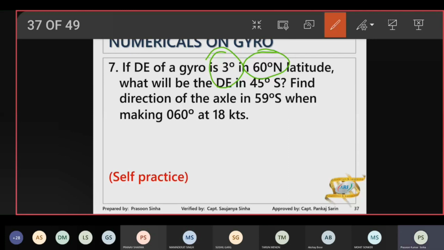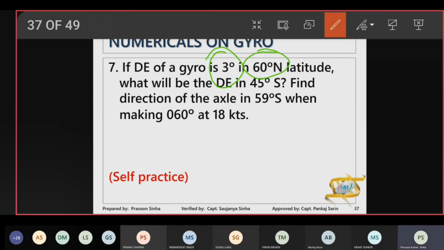The idea is that it does not matter whether north or south, equal DE will be there, 45 degrees south or 45 degrees north, the value of tan 45 degrees will be the same. The difference between north and south is that the error is going to be easterly or westerly. So it does not matter whether it is south or not, in magnitude the error will directly be a function of latitude, or rather tan of the latitude.